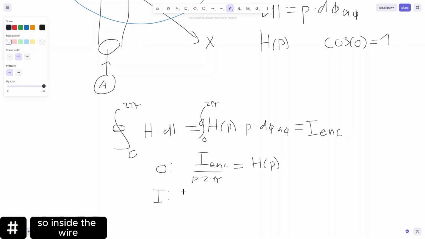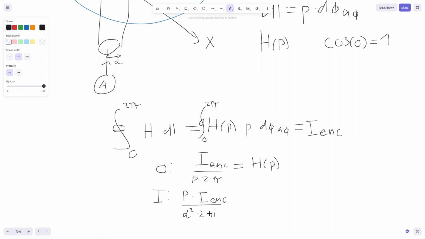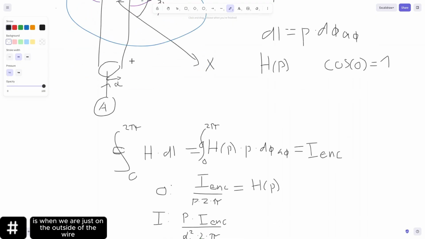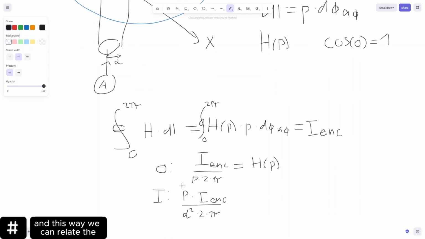So inside the wire, the magnetic field is proportional to p times the current enclosed over, so let me just draw what I mean here. So this is the radius of the wire, let's call it alpha, over alpha squared times 2 times pi. So these are the two integrals when we are outside of the wire and when we're inside of the wire. And the highest field is when we are just on the outside of the wire.